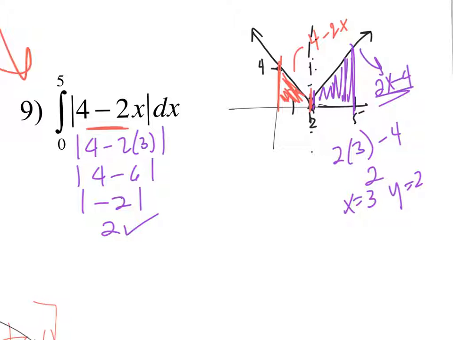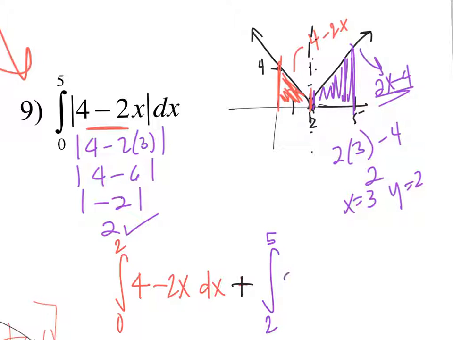So how do we split that into two integrals? Well, we're taking the integral, or the area under the curve, from 0 to 2 under the line 4 minus 2x dx, plus the integral from 2 to 5 under the line of 2x minus 4 dx.